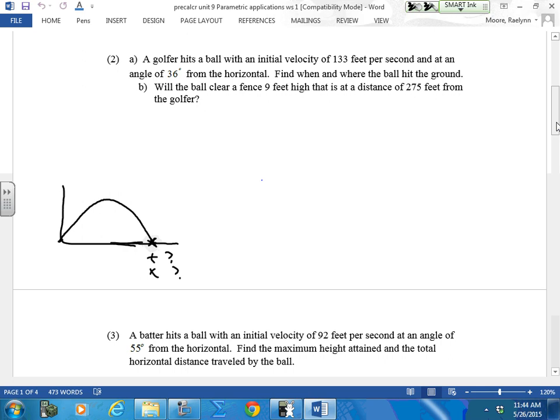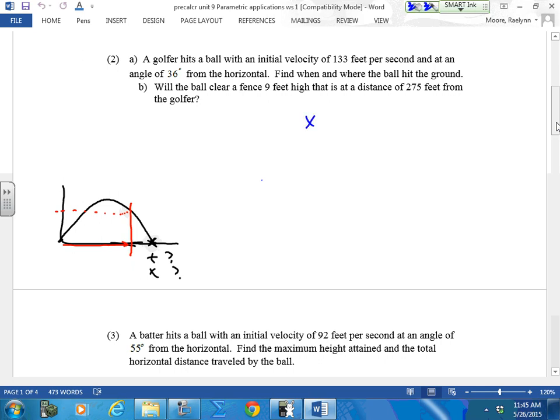Okay. Then, the second part of this is at some point a distance of 275 feet away. If there was a 9-foot high fence, did he clear it? A tree, fence, like statue, any kind of obstacle, did he clear it? So let's see if we can get your equations.